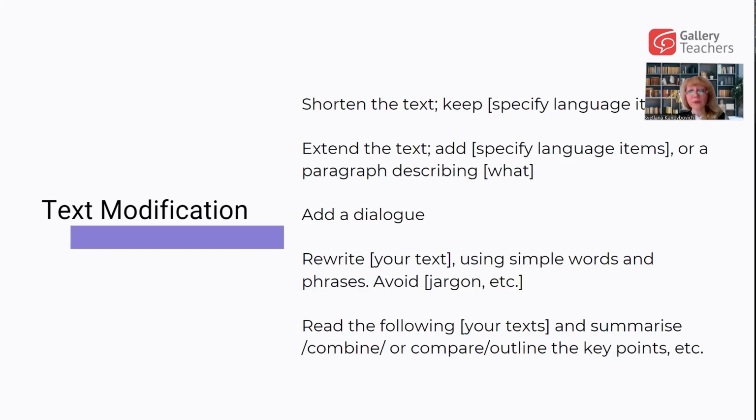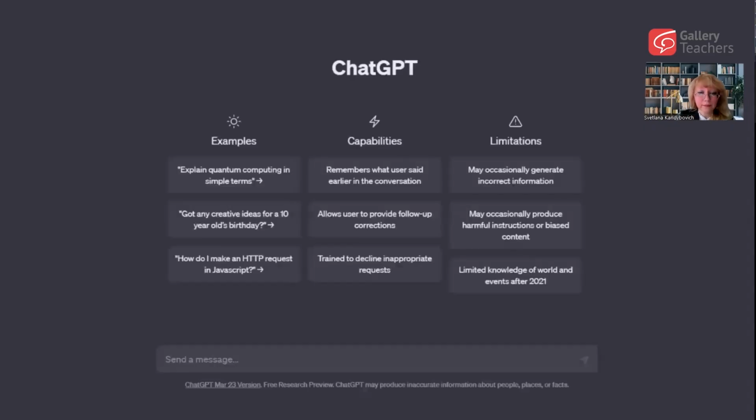Or ask it to add a paragraph describing something, or add a dialogue, or rewrite your text using simple words or phrases, or avoid jargon. Or you can feed your own text and ask ChatGPT to summarize or combine or compare and outline the key points in the text. This might be extremely valuable for teachers teaching multi-level mixed ability classes or looking to meet individual needs of their learners.